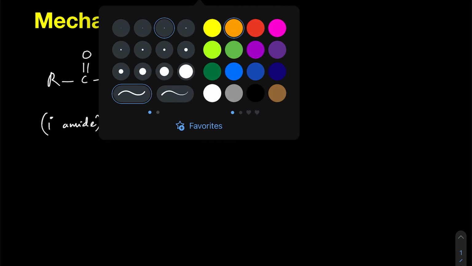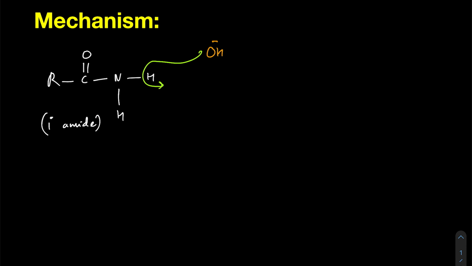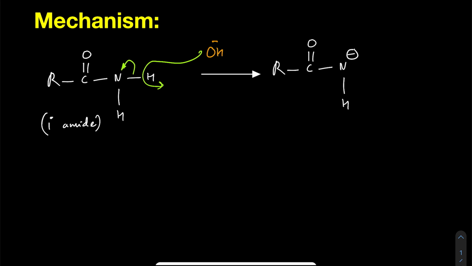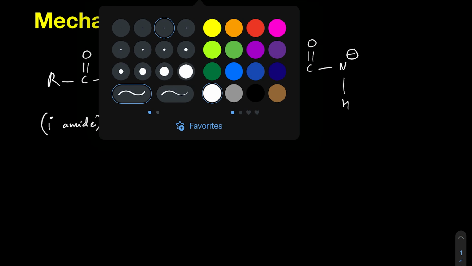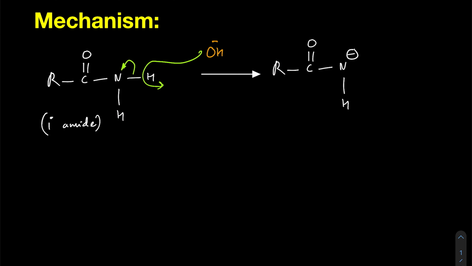So what happens is that this OH minus grabs this hydrogen and the bond pair comes down to nitrogen. As we can see now, this is formed as a result of the reaction. Now there is a bromine molecule, which is a non-polar one. Now bromine, when coming close to this one, gets slightly induced, and this one gets a positive sign and this one gets a negative sign.